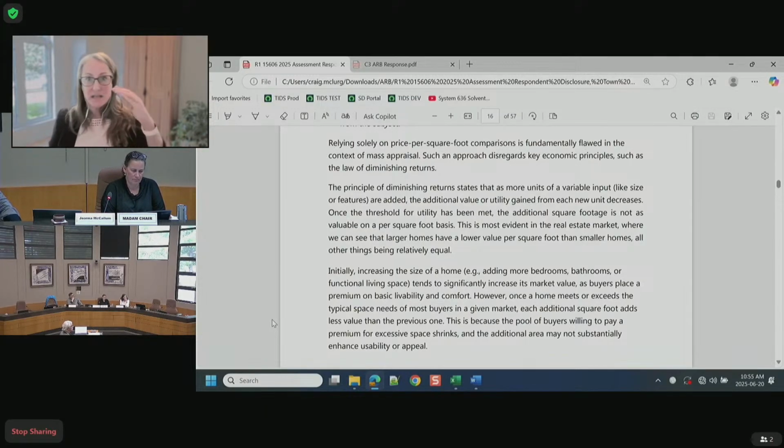There's always going to be a curve in there determining that these additional units of contribution are not going to be as valuable once that utility is met in the basic size, if that makes sense.